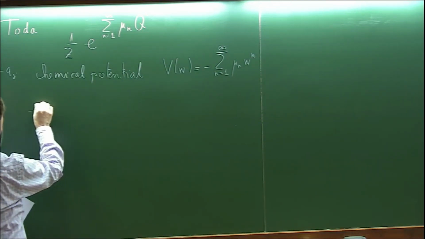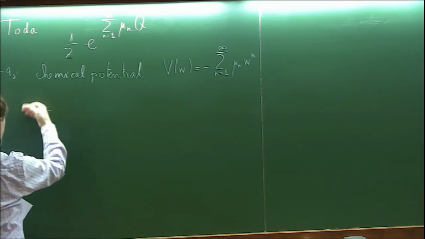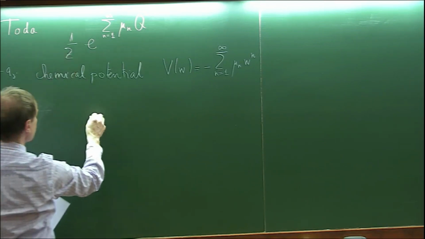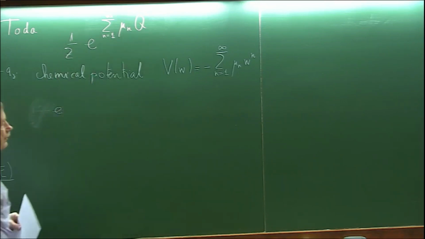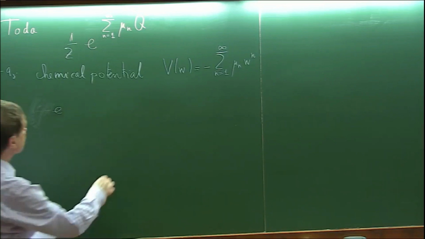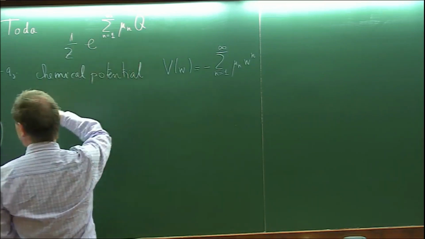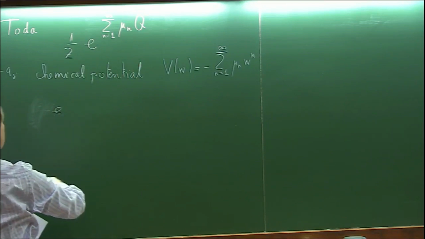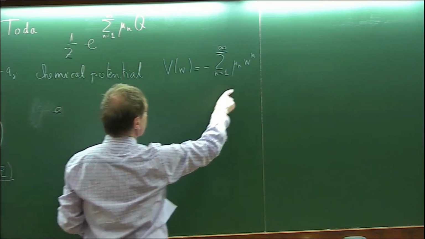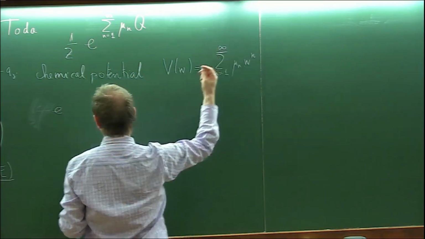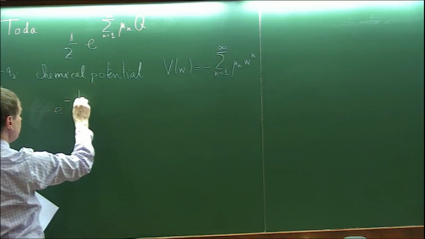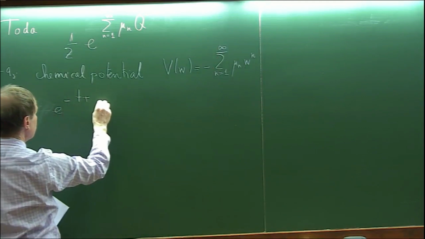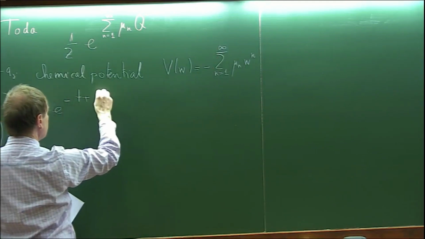First of all, I can rewrite this formula in an easy way. Remember that the Qn are just the sum over the eigenvalues, that is, the trace of the nth power of the Lax matrix. If I put in this formula, you see that I just get a function of the Lax matrix, and so my Boltzmann weight will simply be the trace, and now I'm really careful, I really have a finite trace.